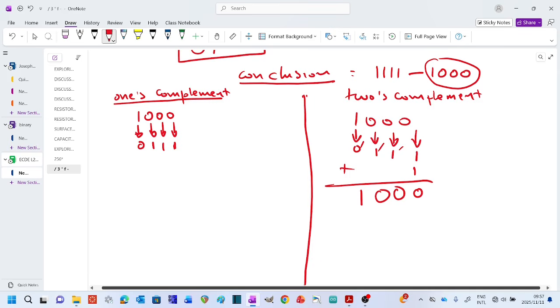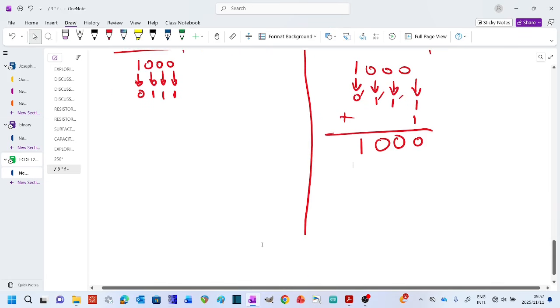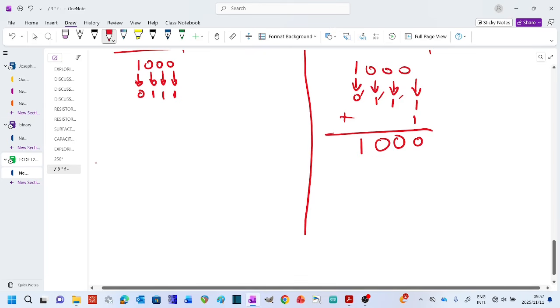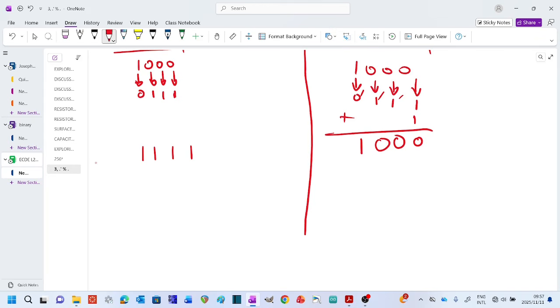So what do I do now? After I've obtained the first complement of that number and the second complement of that number, what do I do? I add it. So I'm going to take that number, I'm going to add it to 1. Let me create some space because I'm going to have a lot of carries here. 1, 1, 1, 1, plus, instead of subtracting, 0, 1, 1, 1.